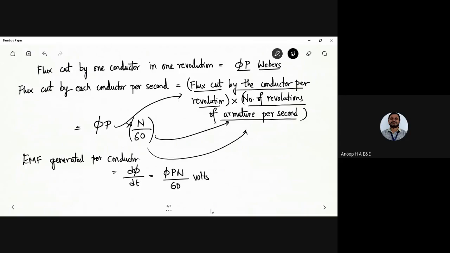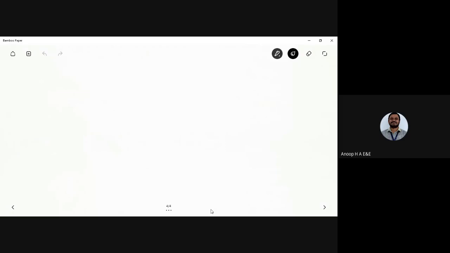Now, next, the number of conductors which are connected in series between the positive brush and the negative brush: the conductors connected from the positive to the negative ends of the brushes equal the total number of conductors divided by the number of parallel paths.